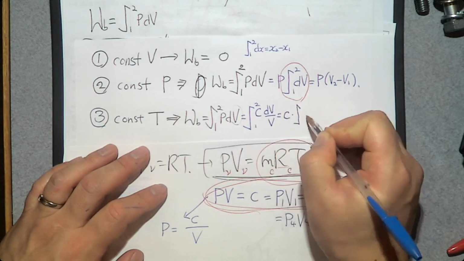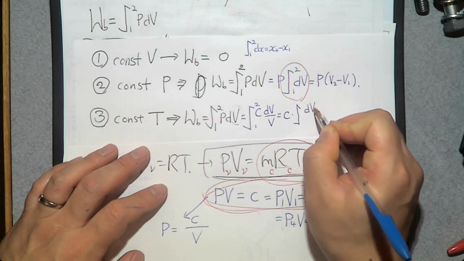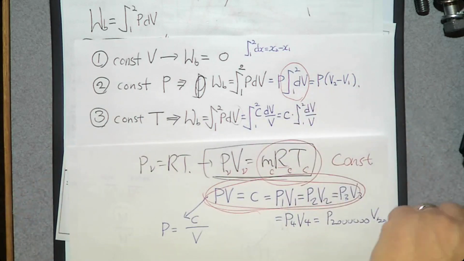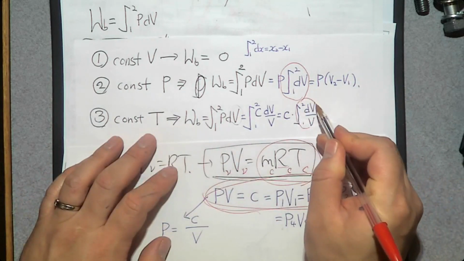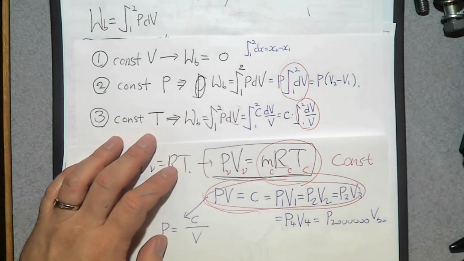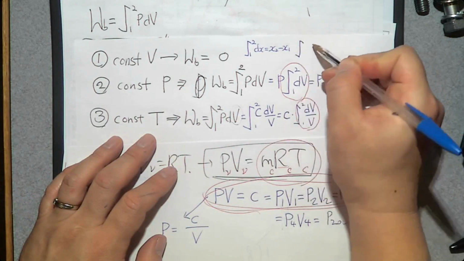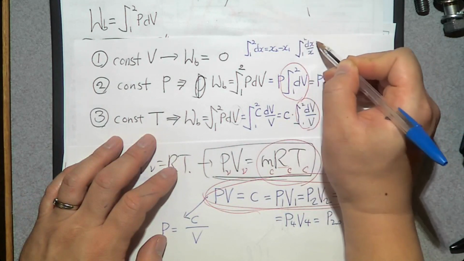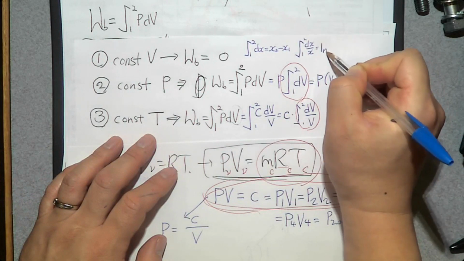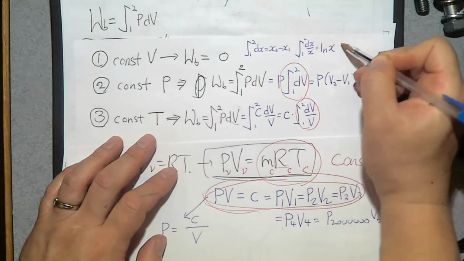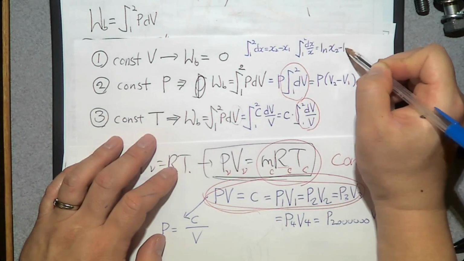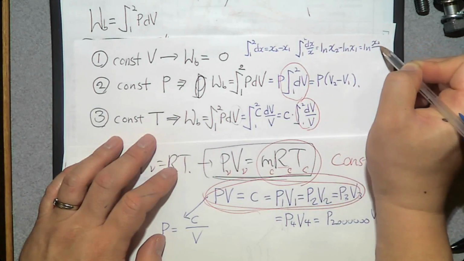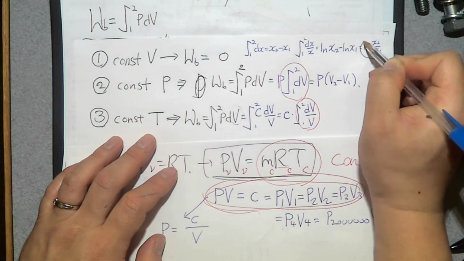Now, integral dV over V. Do you know how to solve this one? The integral dx over x from 1 to 2 is going to be natural log ln x2 minus ln x1, which is ln x2 over x1.